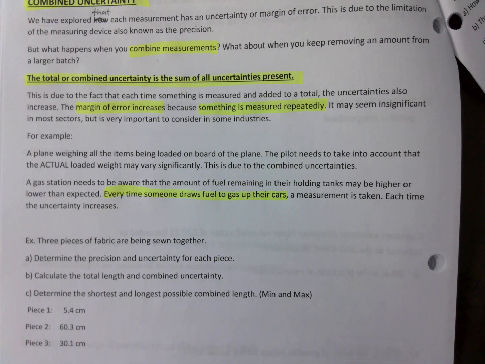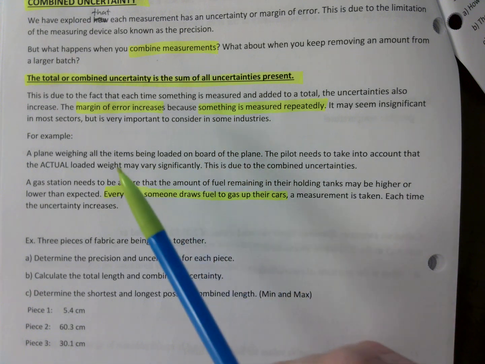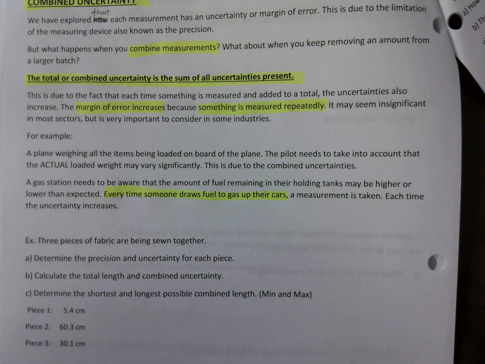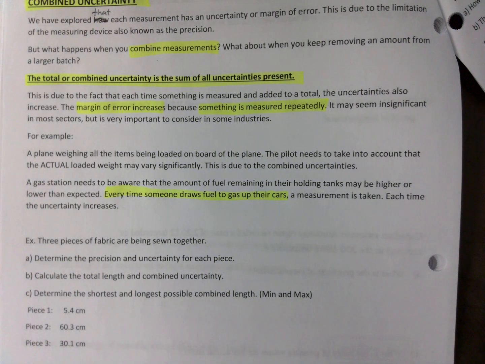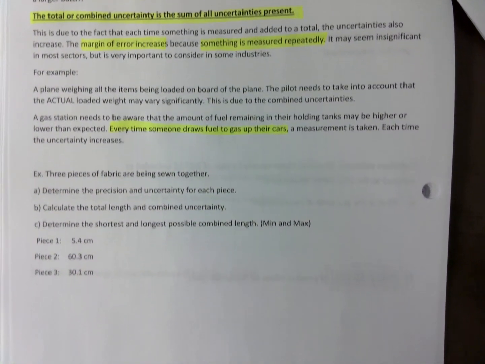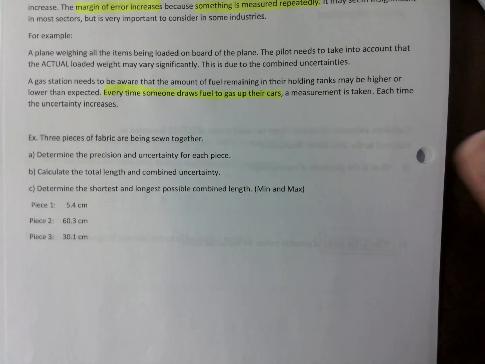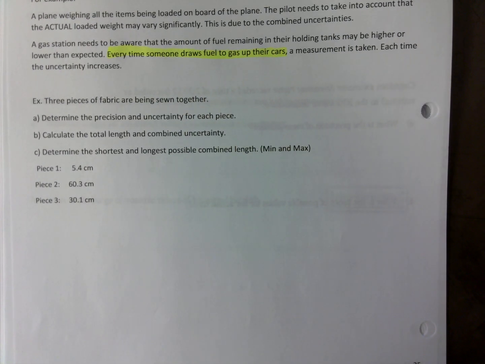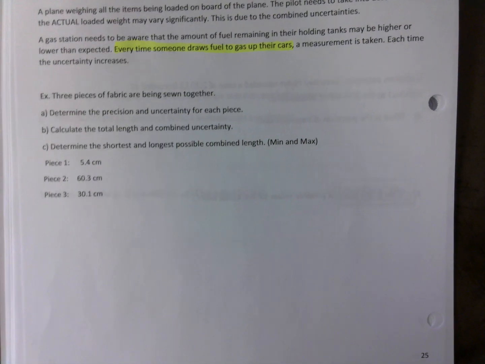You're going to be off by a little bit every single time, and that keeps piling up. And so they have to be aware of that and make up for that, okay? Because the pump is basically a measuring device. It measures how many liters are going out of that big tank underneath the gas station. Okay? So that's the idea.